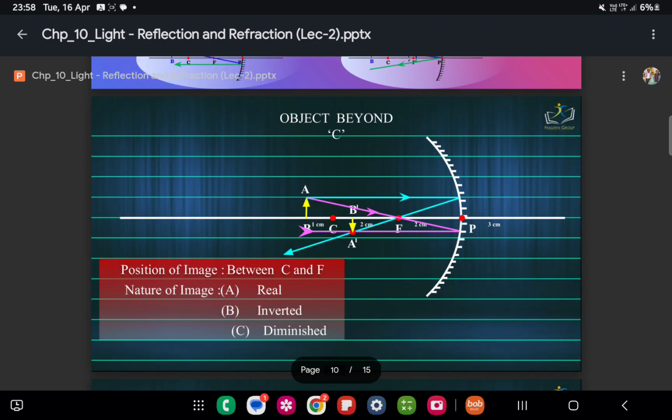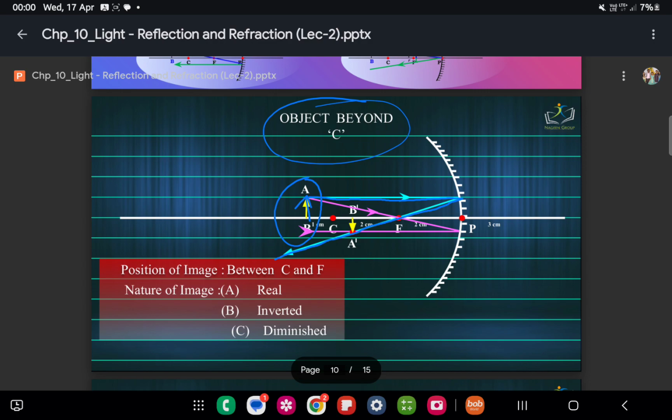Here we will see some of the cases now. Any object beyond c, behind the c, meaning far away from the c. This AB is an object behind the c. It is incident on the concave mirror, strikes the mirror, and reflects back passing through the f.